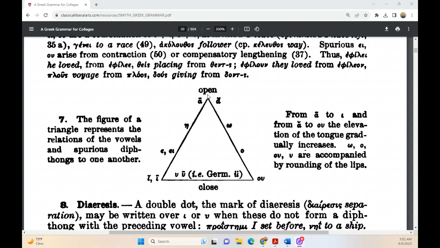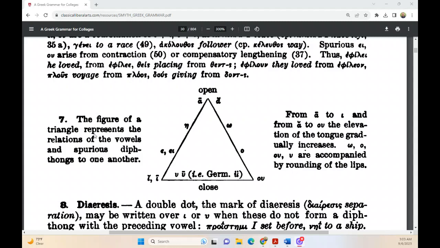So moving from top to bottom, we not only open or close our mouth, but we raise the tongue as we move down this chart. Omega, omicron, omicron upsilon, and upsilon are accompanied by rounding the lips.